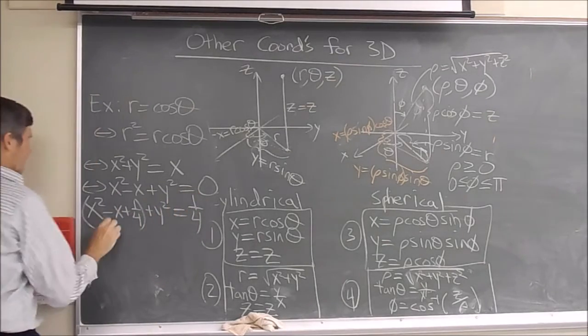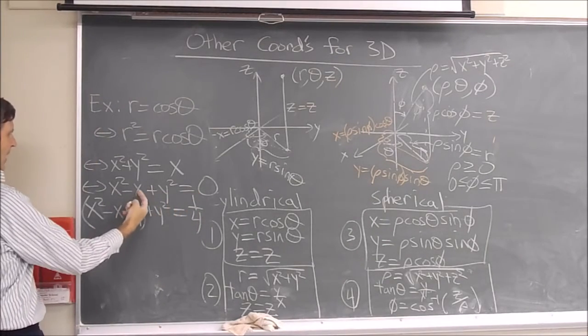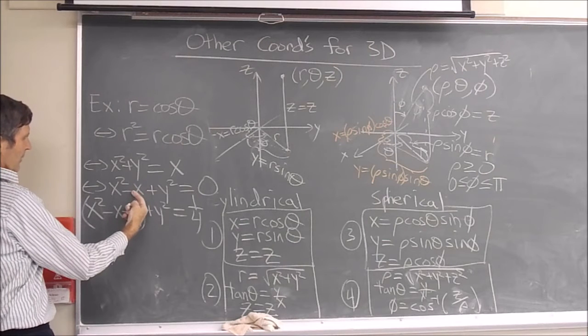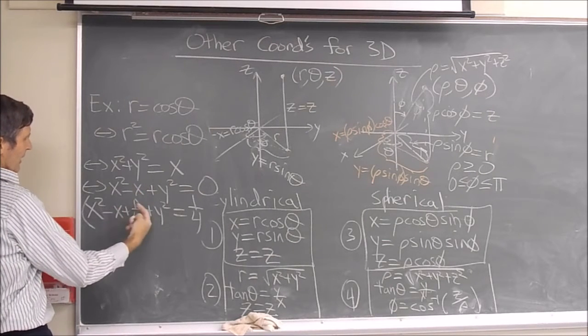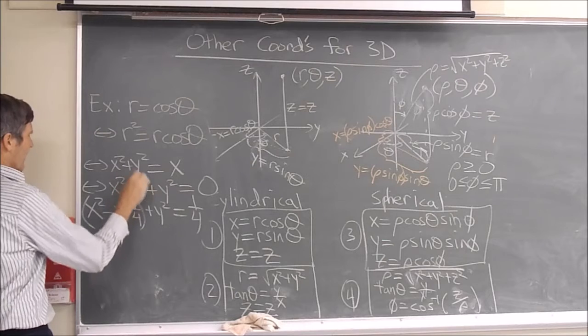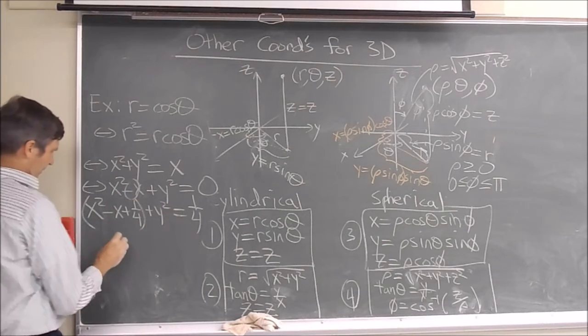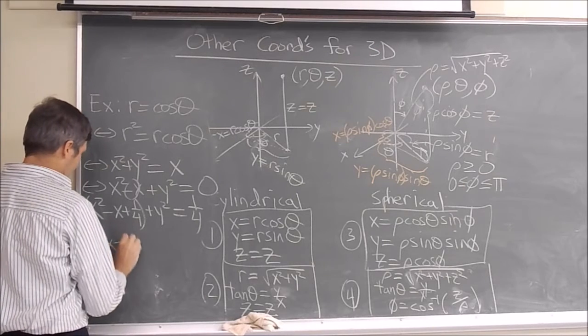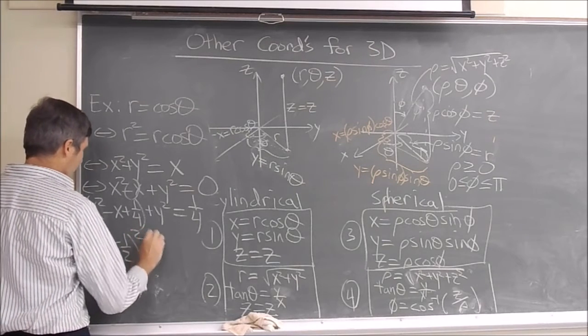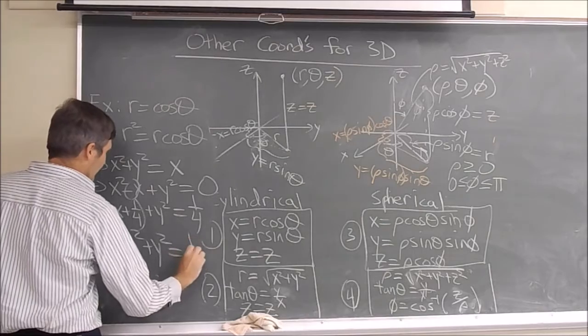That makes this a perfect square, right? I take 1/2 of this coefficient here, negative 1, and square it, and that gives me 1/4 here. So 1/2 of negative 1 squared is 1/4. That's what I need to add to make the perfect square. So I have x minus 1/2 squared plus y squared equals 1/2 squared.